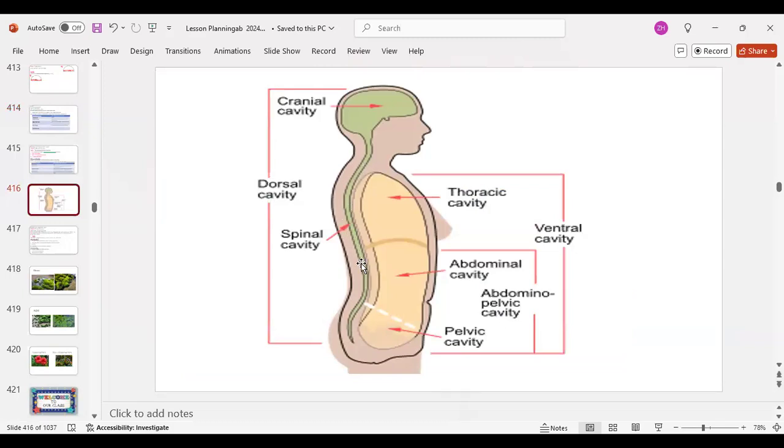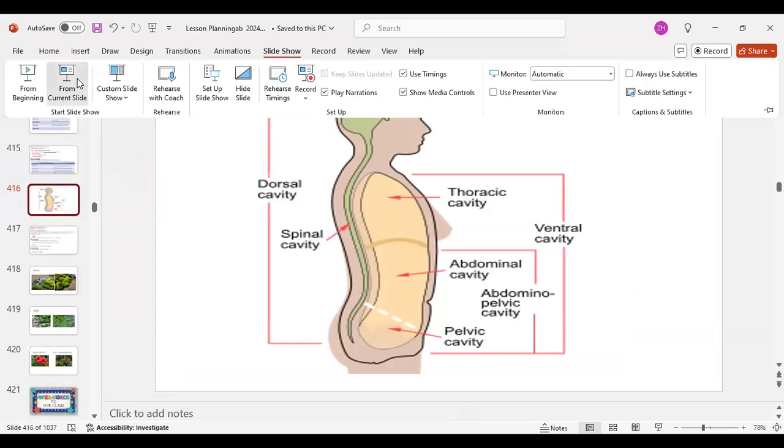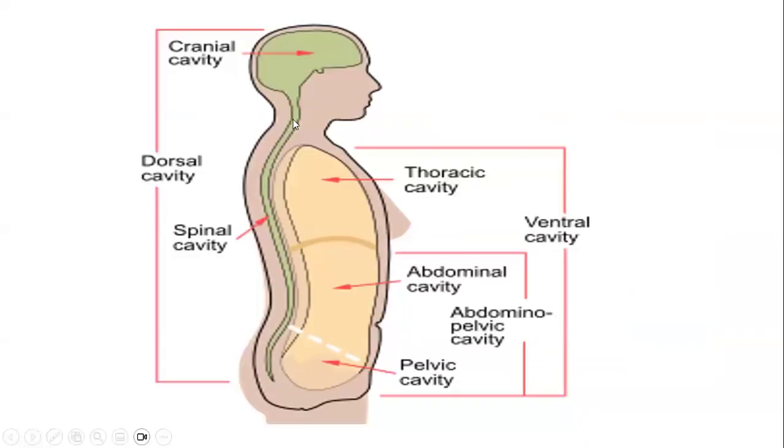That's the same space where the spinal cord is in, right? That's the vertebral cavity. Do you all see that? Let me highlight it again. This piece is the vertebral cavity.